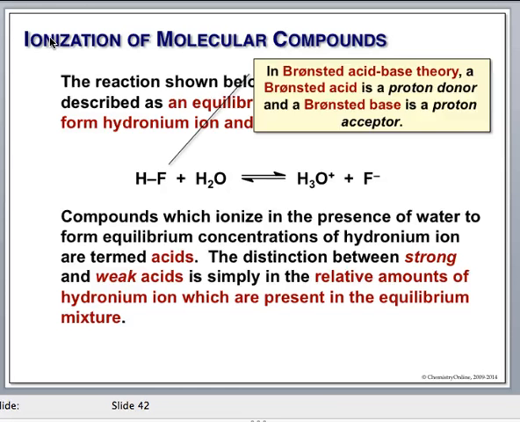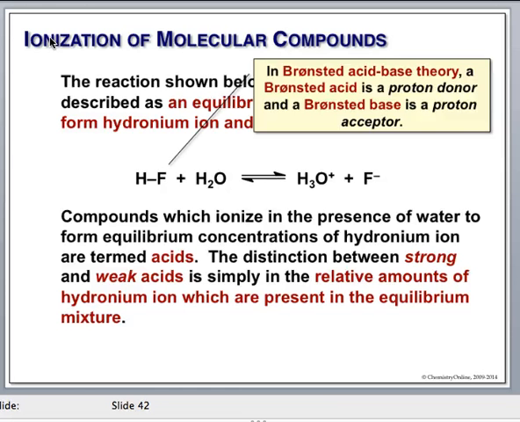Once we get this reaction going, once the ionization starts, you could imagine a situation where we would have equal concentration of HF and F minus, and therefore hydronium. If the two concentrations were equal. So let's just start there.